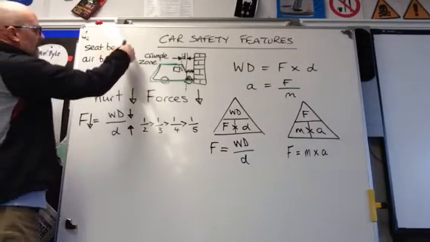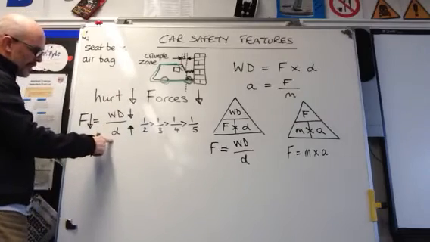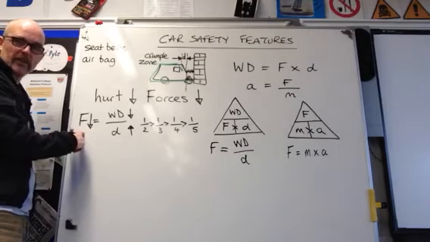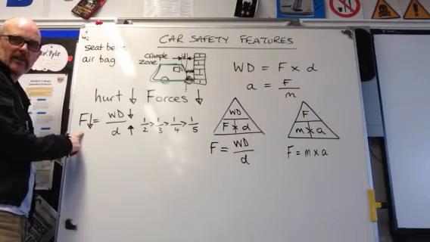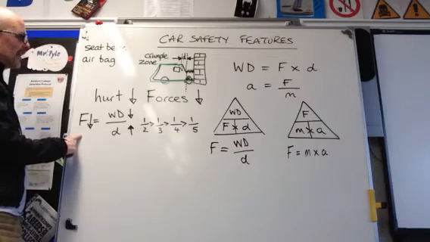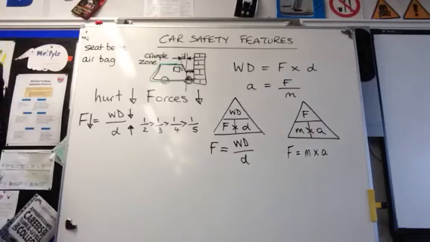And if you add the distance of that to the distance of this, this distance keeps getting bigger and bigger, and the forces keep getting smaller and smaller. And your chances of being hurt also go down.